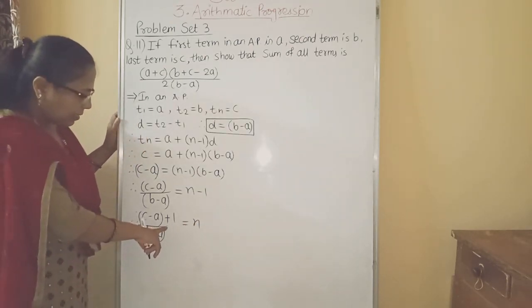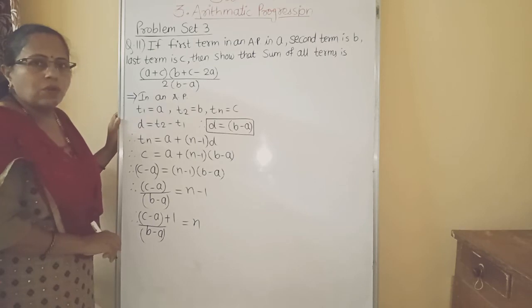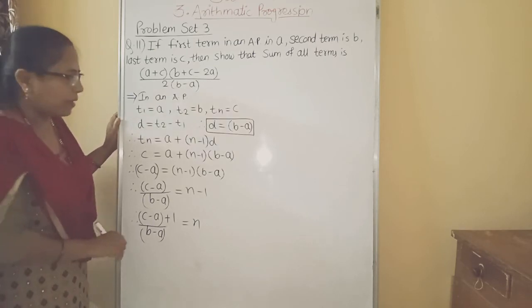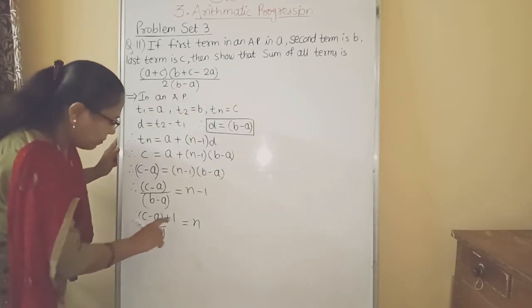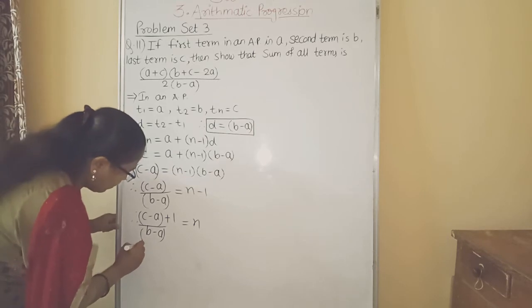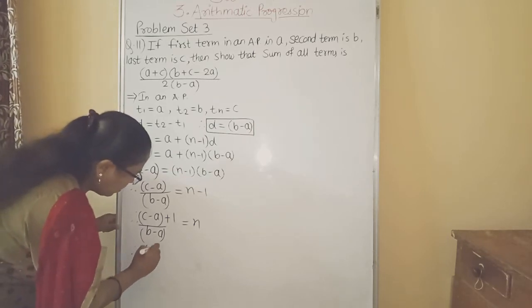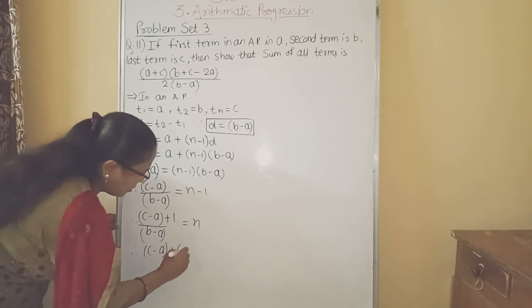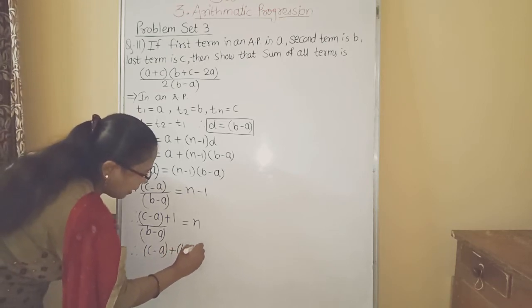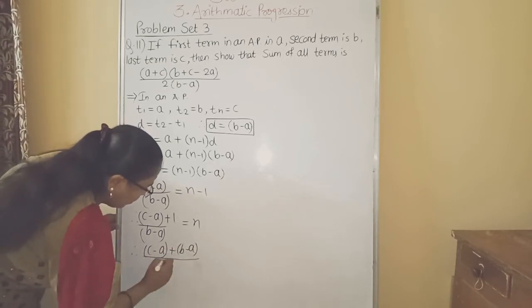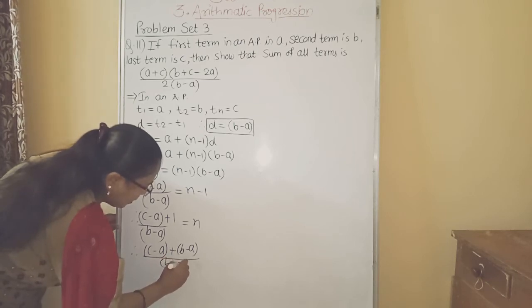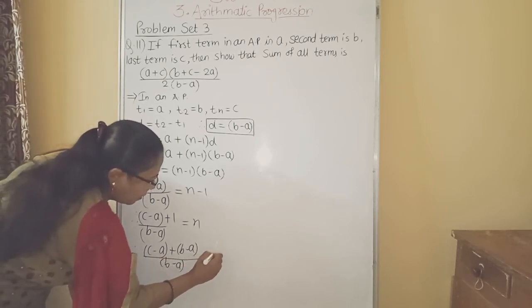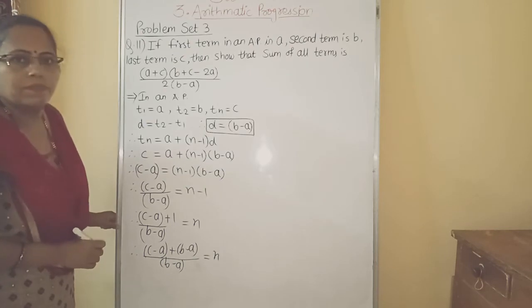Now to add these, we have to do cross multiplication. So here we will do cross multiplication: (C minus A plus B minus A) upon (B minus A) is equal to n.